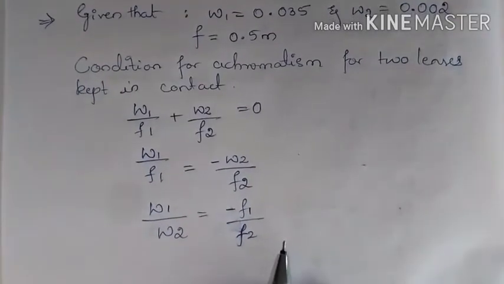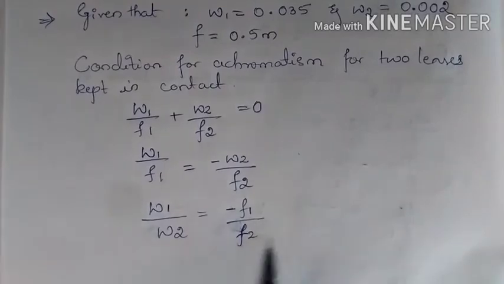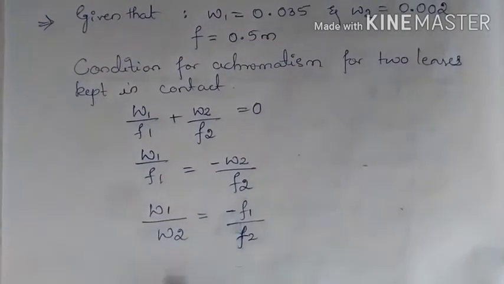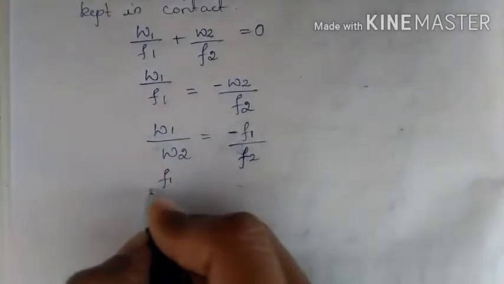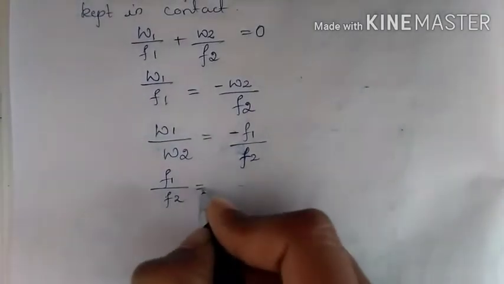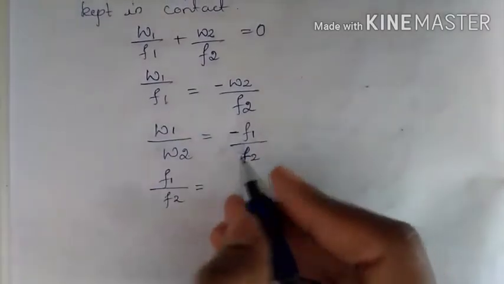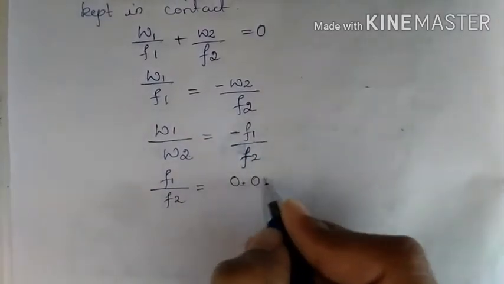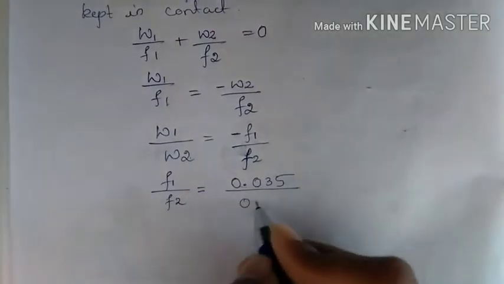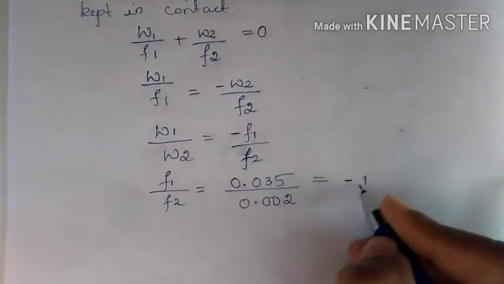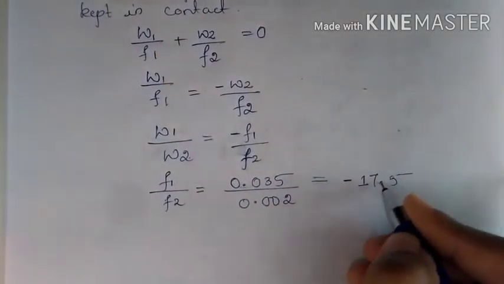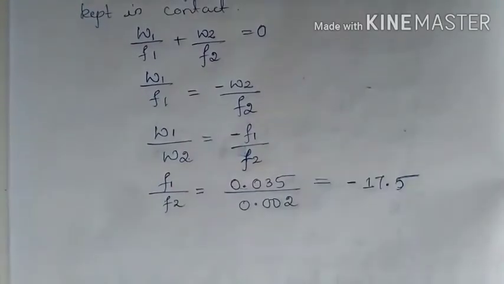We know the values of omega 1 and omega 2, so let us substitute them and find f1 by f2. So f1 divided by f2 is equal to minus omega 1 by omega 2, which is 0.035 divided by 0.002. So the answer will be minus 17.5. This is the ratio of f1 by f2.